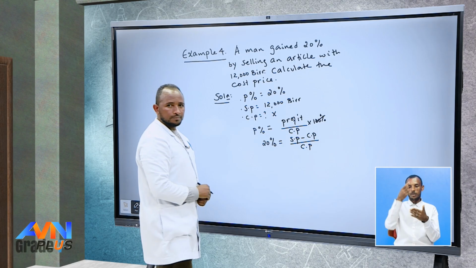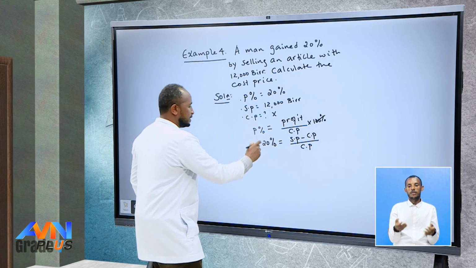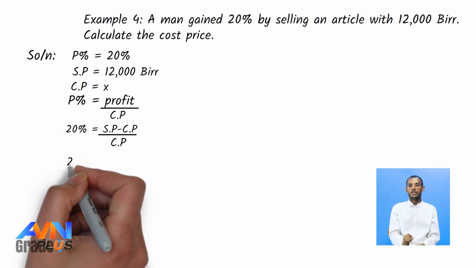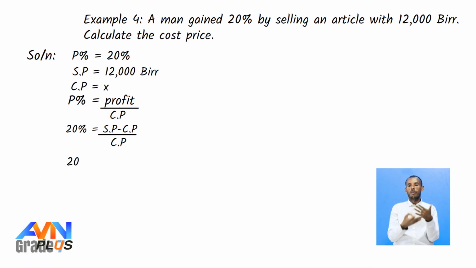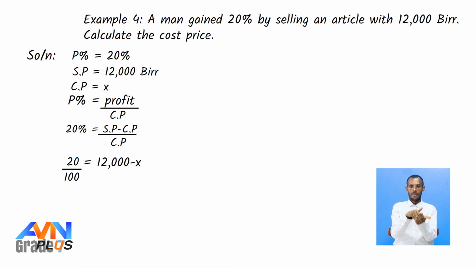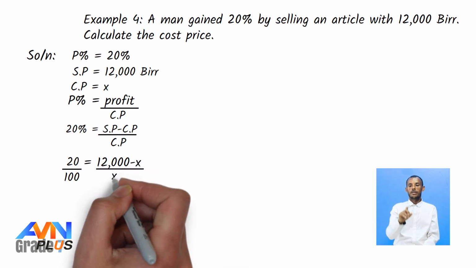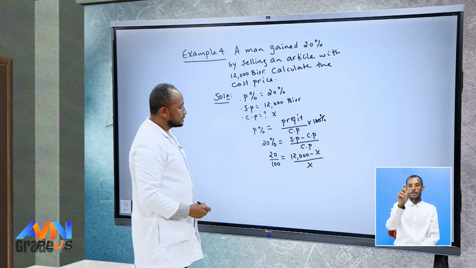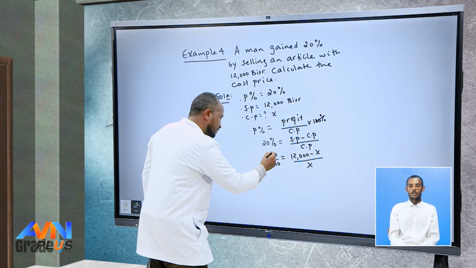This is the equation. So 20% in fraction form is 20 over 100. This will be equal to the selling price, this 12,000, minus the cost price, which we don't know, divided by the cost price. So let's simplify this expression.